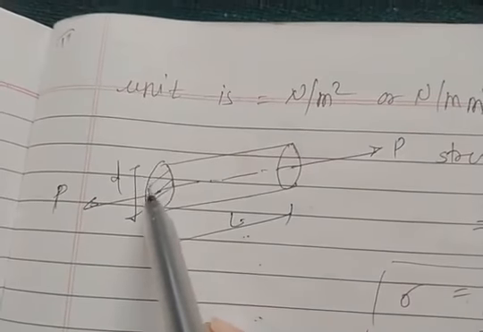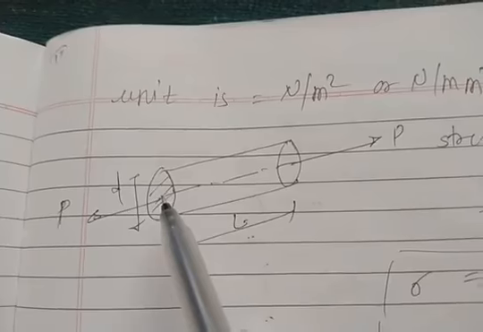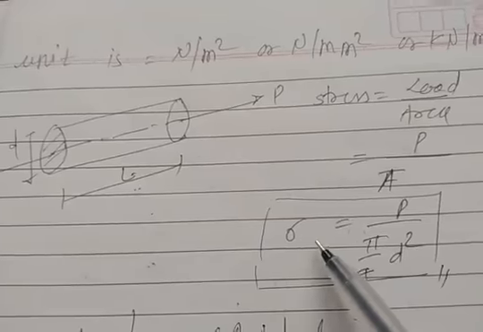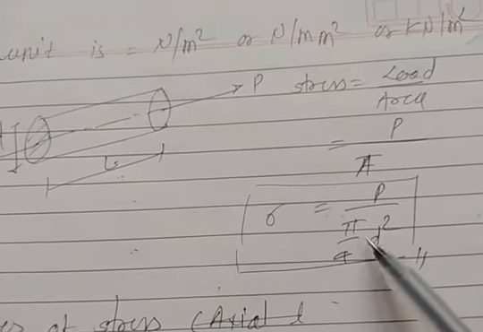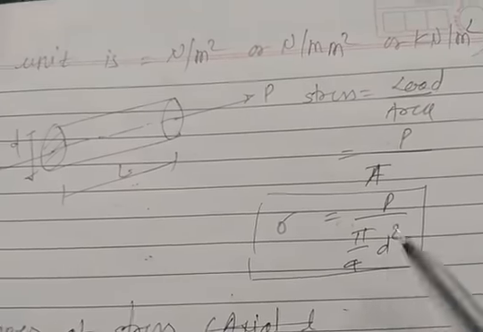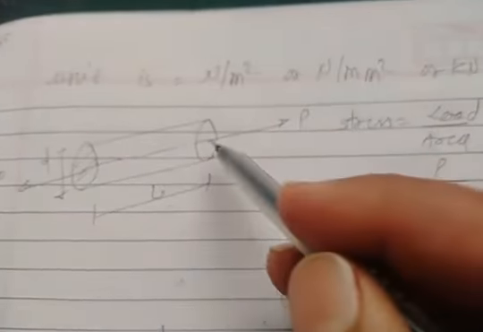The surface area on which the load is applied is a circular one, and the formula for this area is pi by 4 d square. So sigma is equal to load P upon area pi by 4 d square, where d is the diameter of the rod. Both areas, this one or the other end, are equal.